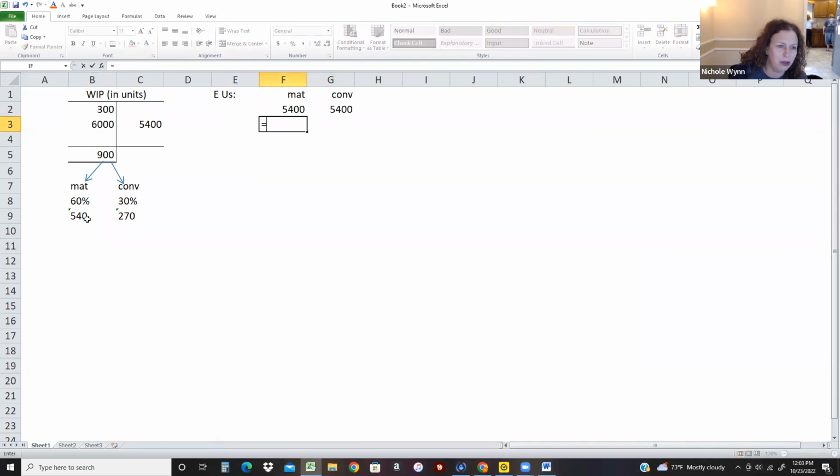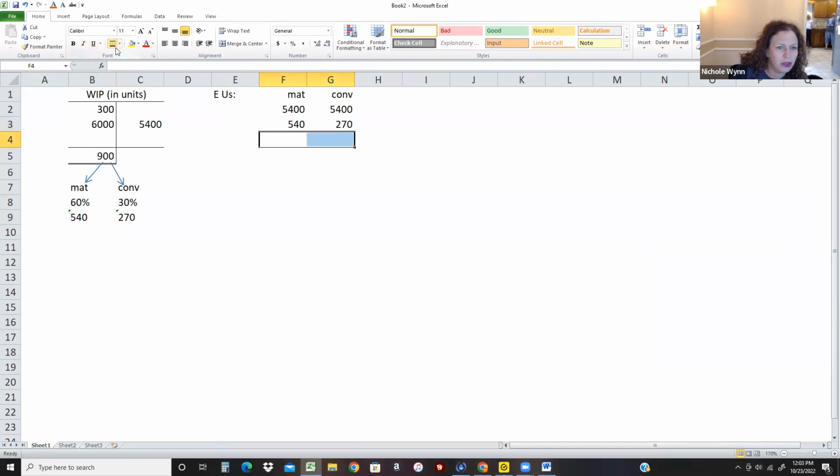And for material, we also finished 540. And for conversion, we finished 270. So in total, my EUs for material, I'm going to keep them separate. For material, I have 5,940. And for conversion, I have 5,670. And this is my answer for EUs.